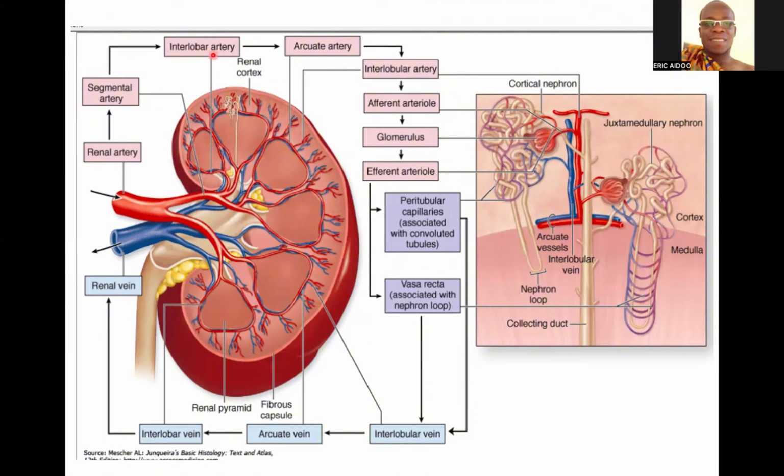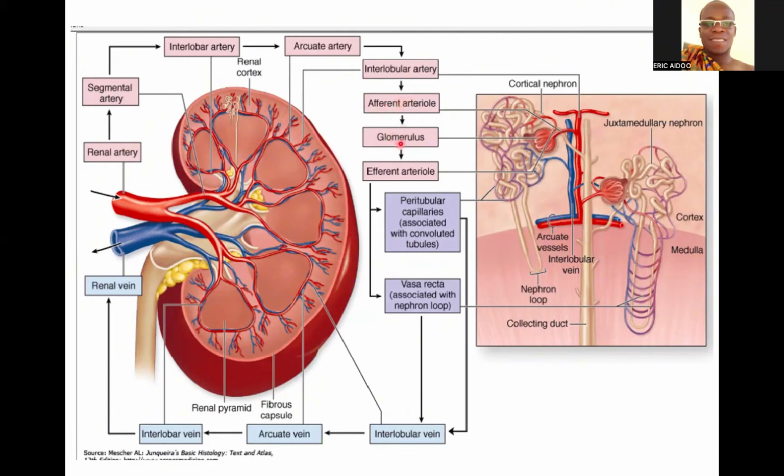And then from the interlobar artery, you get your arcuate arteries, which usually separate the cortex from the medulla. It's one of the landmarks you use to tell. Then arcuate arteries will further branch to form interlobular artery. Then the interlobular artery will branch to form the afferent arteriole, which is also known as the intralobular artery.